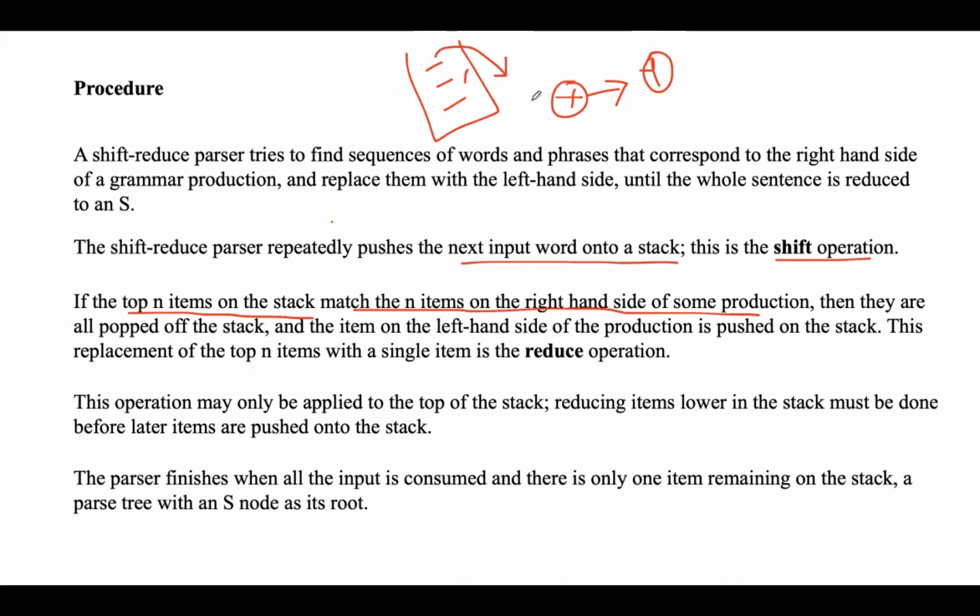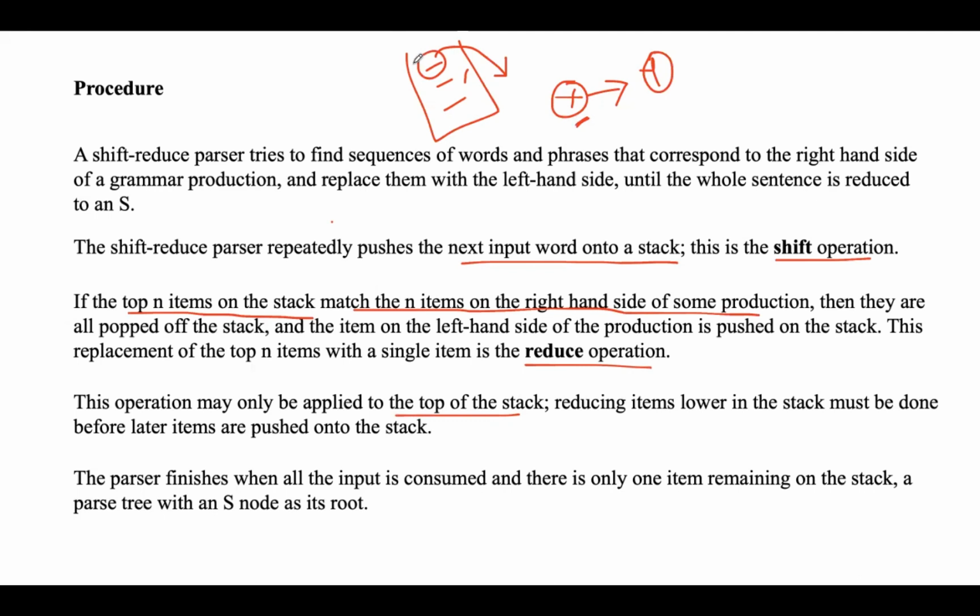Replacing the top n items with this single LHS item is called the reduce operation, because we are reducing n items to a single item. This operation may only be applied to the top of the stack.